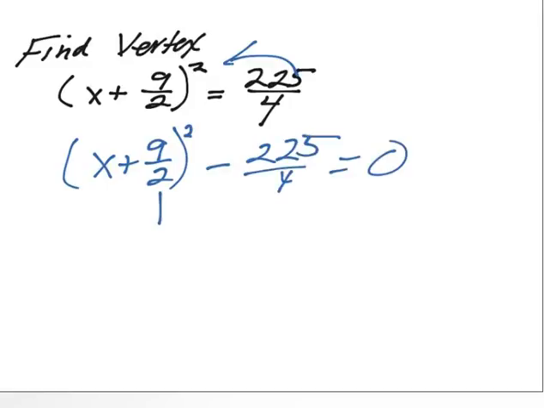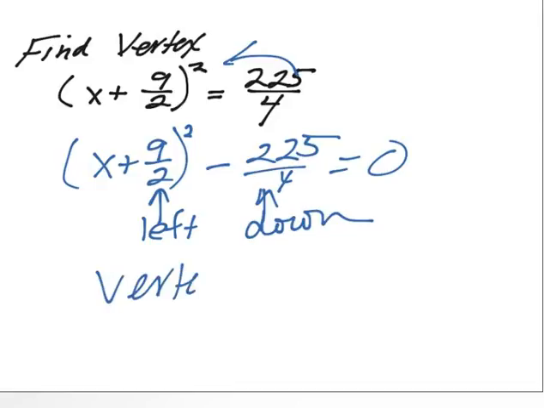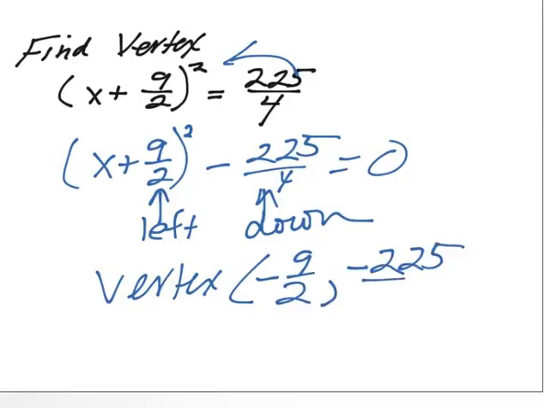That's left. That's down. So our vertex is negative 9 over 2, negative 225 over 4. See, when it's going down, we already knew that's a negative, but when it was going left, we had to show you that it was going left by making it negative.